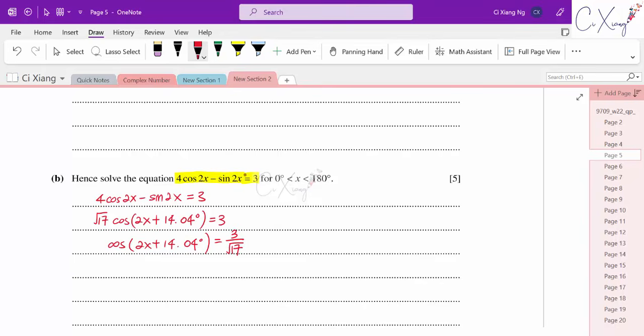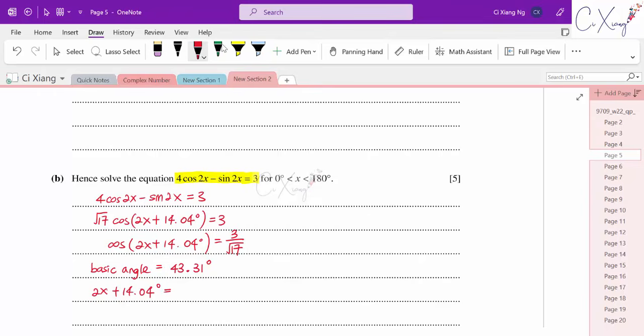Okay, now we try to find out the basic angle first. Basic angle will be cos inverse 3 divided by square root 17. And according to the basic angle that we get, I'm getting 43.31 degree. Okay, and now we are going to go through the quadrants and look for the suitable answer from the suitable quadrant.